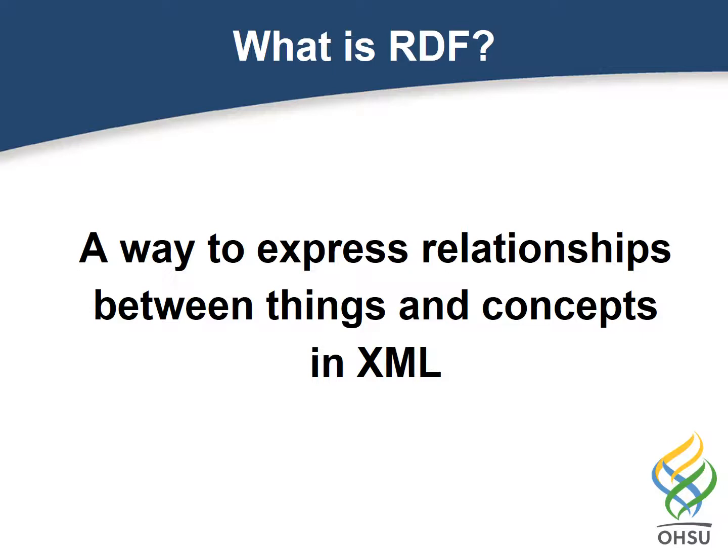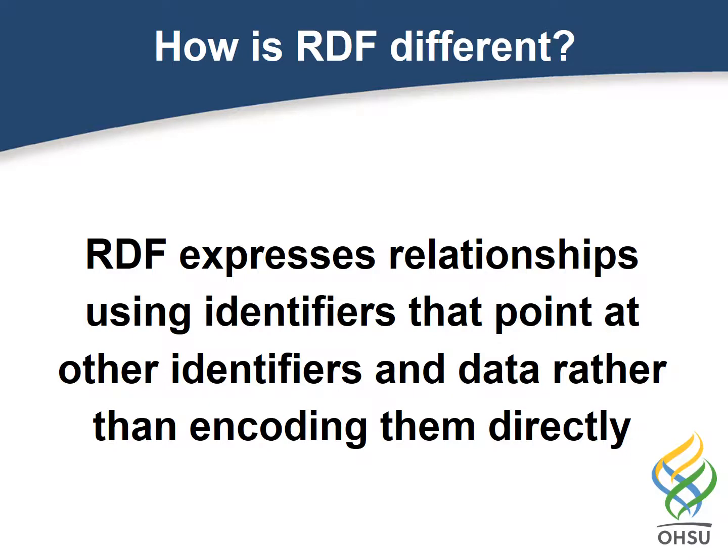A person could feel happy. And so you can say Jane feels happy. So Jane's one entity, happy is a concept, and feel is a relationship. And what's special about RDF is that it expresses these relationships using identifiers that typically point at other identifiers.